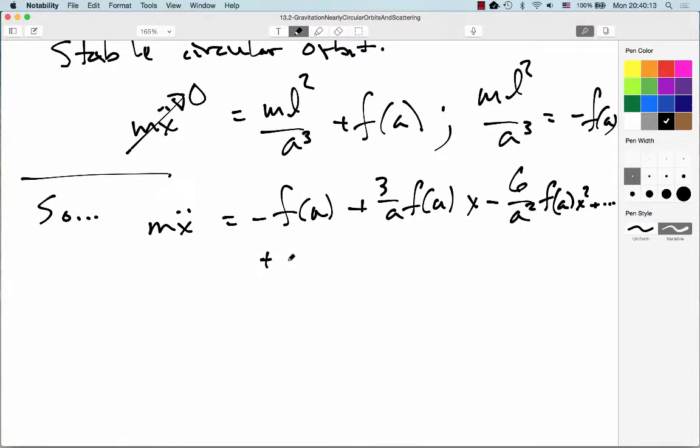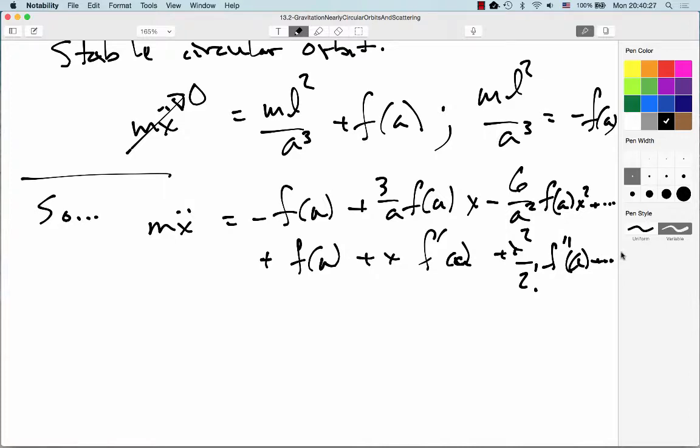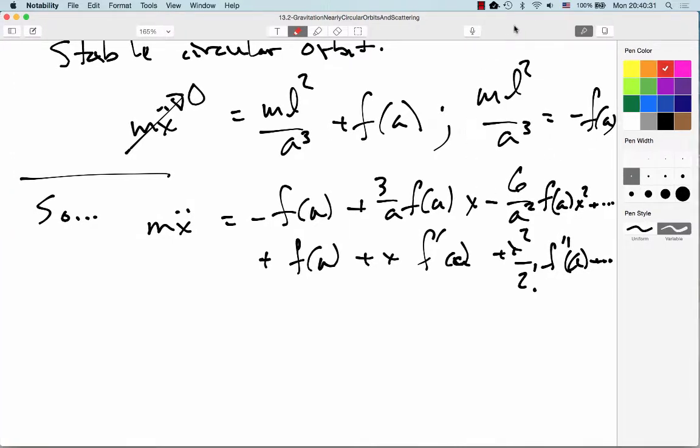Plus, from the F part, I'll have an F of a plus x F prime evaluated at a plus x squared over 2 factorial F double prime evaluated at a plus and such. All right. So it was good we kept a few more terms than normal because those cancel.